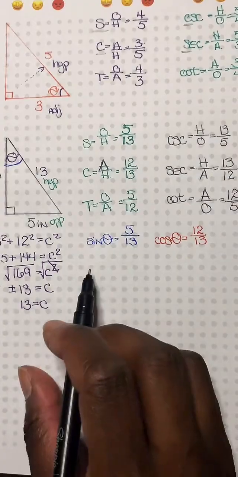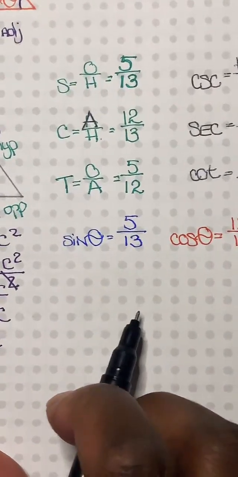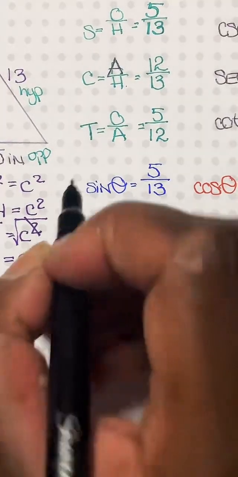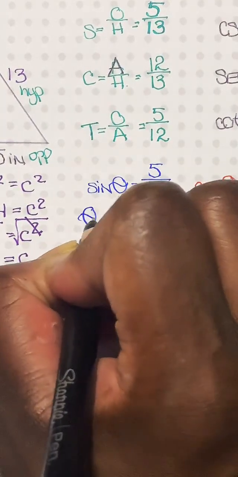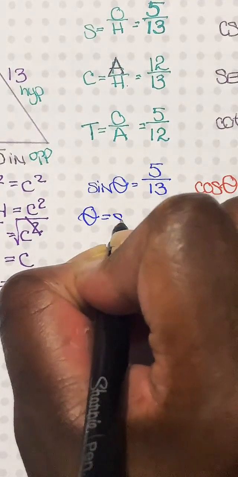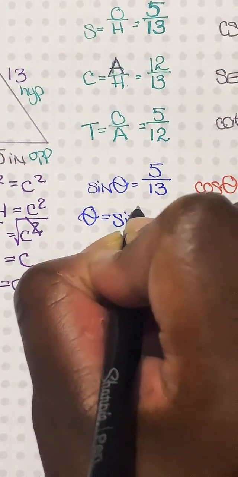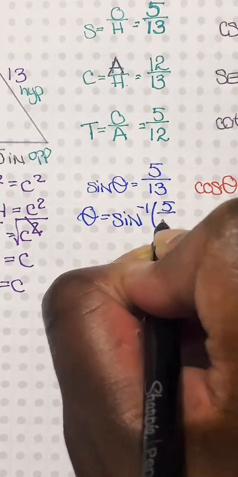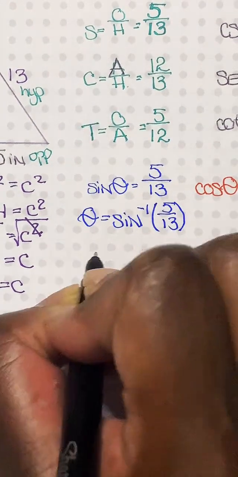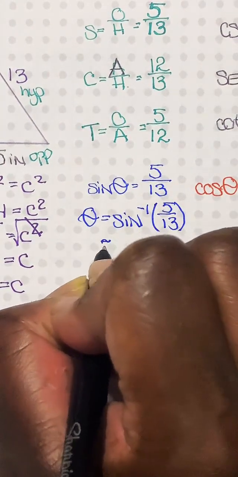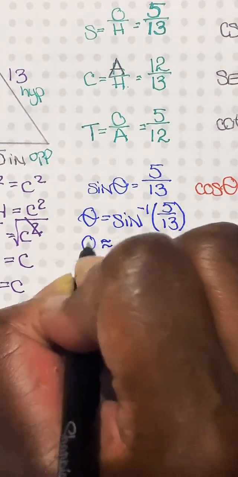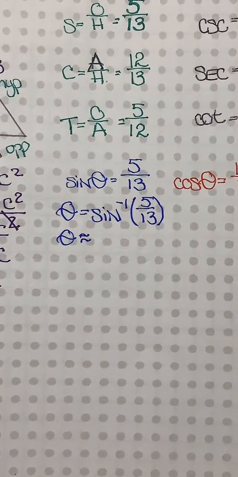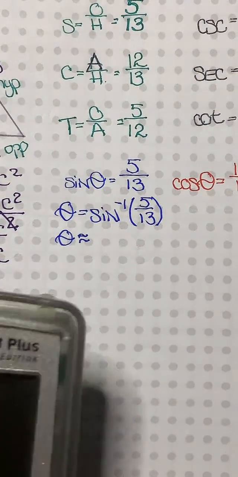I want to get my theta by itself. So this is when I get my theta, and I do my inverse sine of 5/13. This is when that handy dandy calculator comes into play.